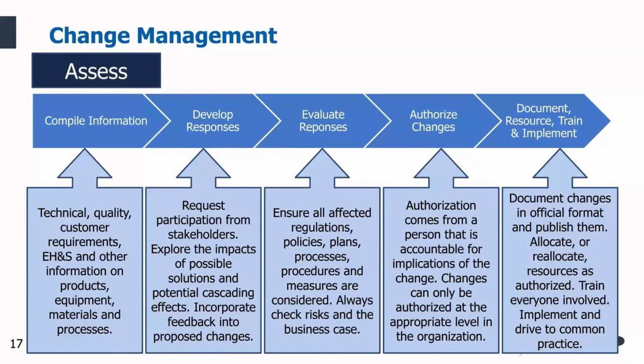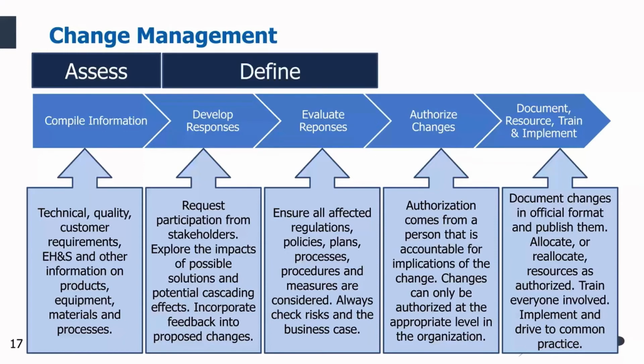So what I say is that this whole process can be thought of as 4 different phases. I think about assessing, that's looking at strengths, weaknesses, opportunities, and threats to prioritize, filter, and decide which opportunities that we're going to go after. Then the develop responses and evaluate responses is really how we define those responses and what we're going to do to change.